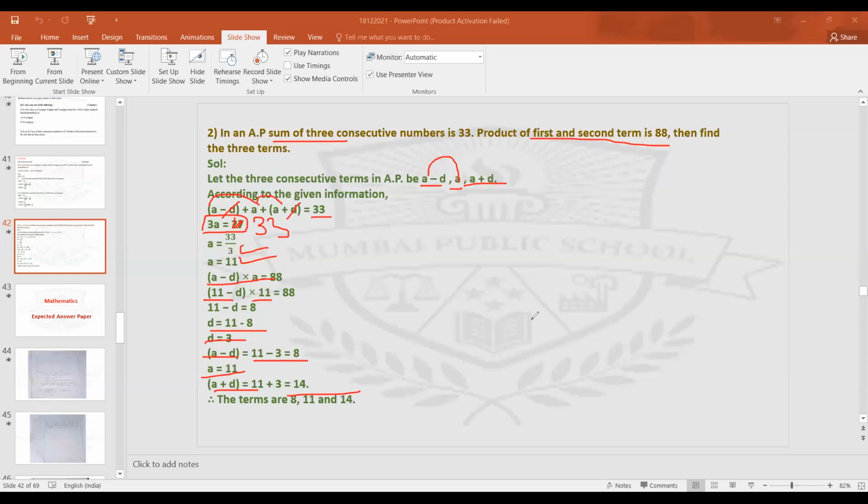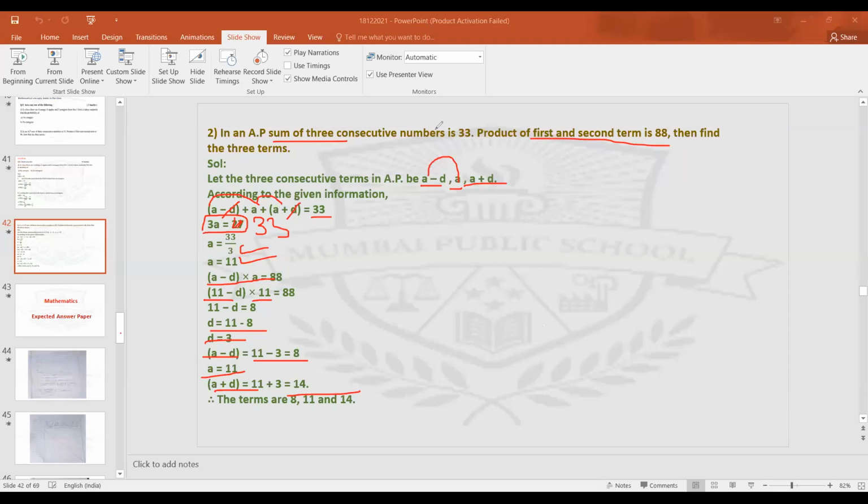Yes, Dhanalakshmi. Krishna, is the doubt clear, beta? Yes, sir. Clear. Dhanalakshmi. Good evening, sir. Yes, good evening, beta. Sir, question number third, I don't understand that. Which one? Question number 3, activity 1 or the other one?